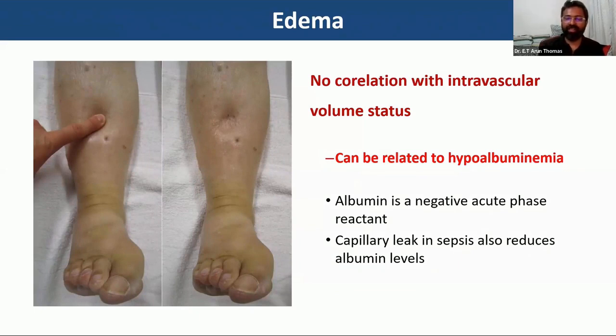But keep in mind that this edema could be because of hypoalbuminemia, and hypoalbuminemia is very common in sepsis because albumin is a negative acute phase reactant, and also there is increased capillary permeability in sepsis, capillary leak, that can also lead to low albumin levels. So because of the hypoalbuminemia, patients have edema, but in fact the intravascular volume will be depleted. If the patient is in septic shock, this patient should be resuscitated. So that is a fallacy if you look at the edema.